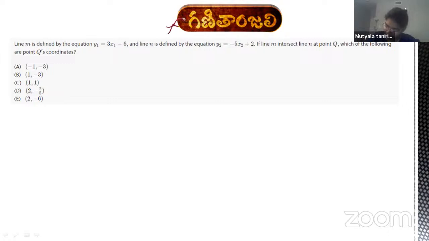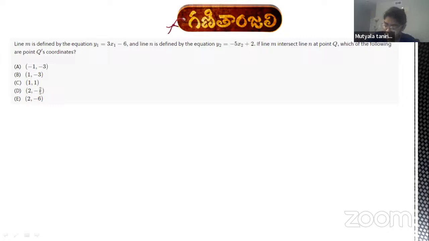So 3x minus 6 and negative 5x plus 2, sir? Yes, you must equate them because both are equal to y. Or simply you can pick the points which satisfy both.